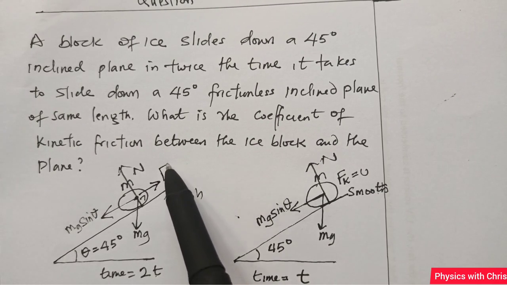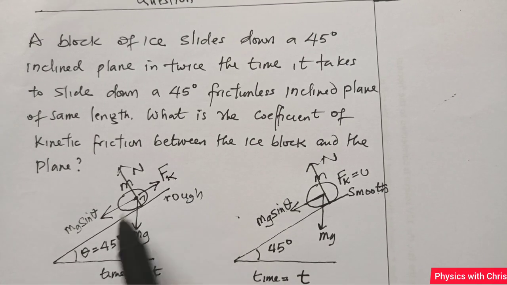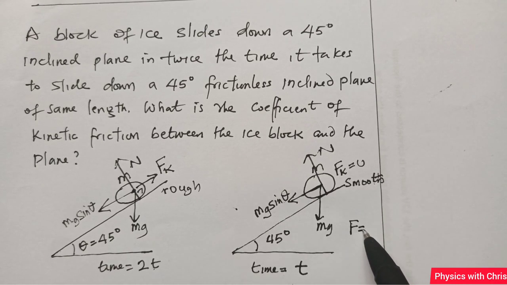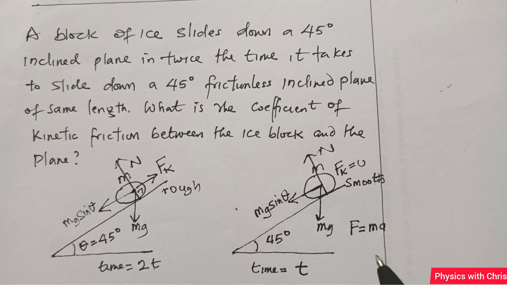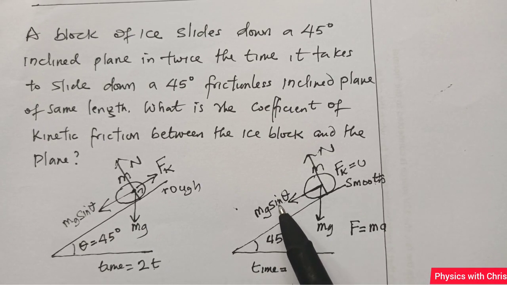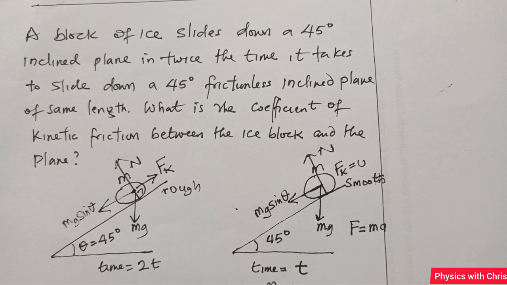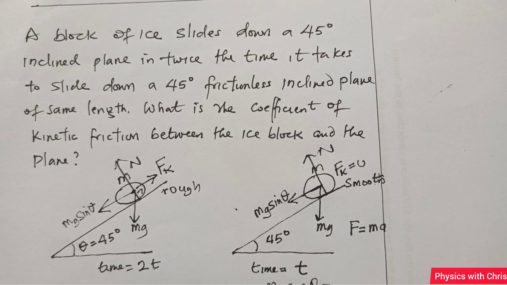Let's call that the kinetic frictional force, which opposes the motion of this block of ice that slides down the rough inclined plane. Okay, here let me write down the equation applying Newton's second law of motion. F equals ma. The only force acting along the direction of motion is mg sine theta. So I equate mg sine theta to ma.